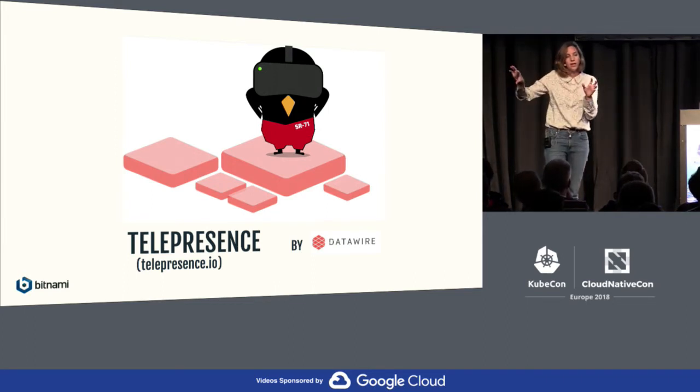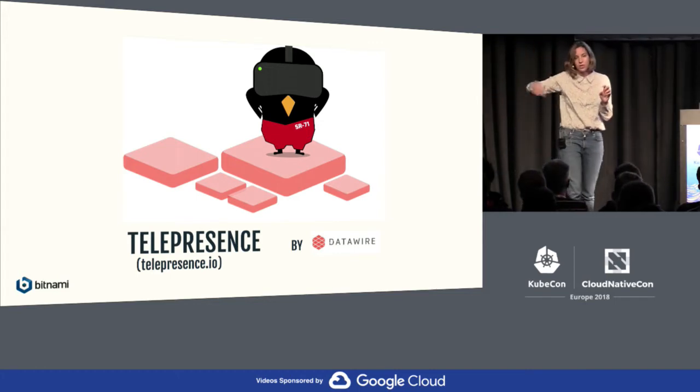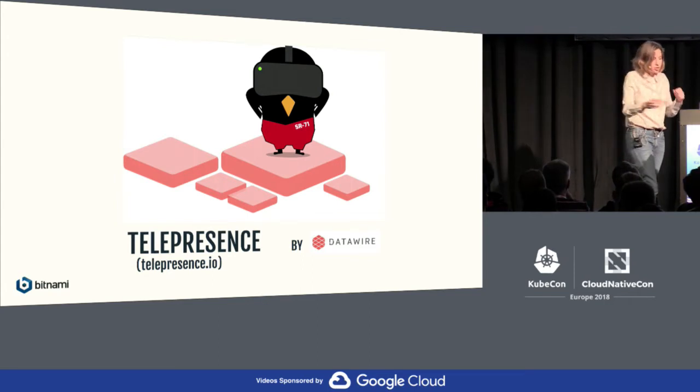And that cluster could be on your local environment with Minikube, but it also, and ideally, will be elsewhere in the cloud. So you can have all the compute that you need, all the memory that you need to run the different services that you're not actually debugging, you're not actually developing, but your application may need to talk to.